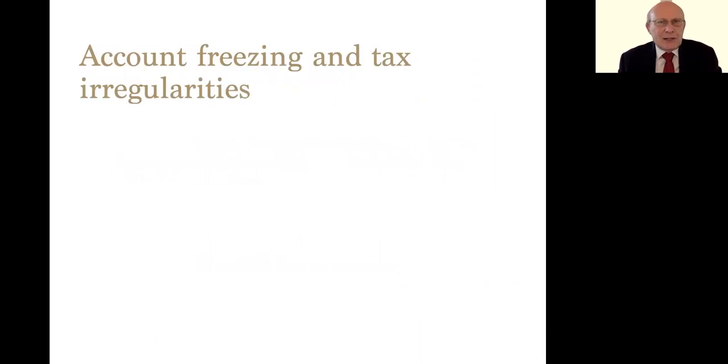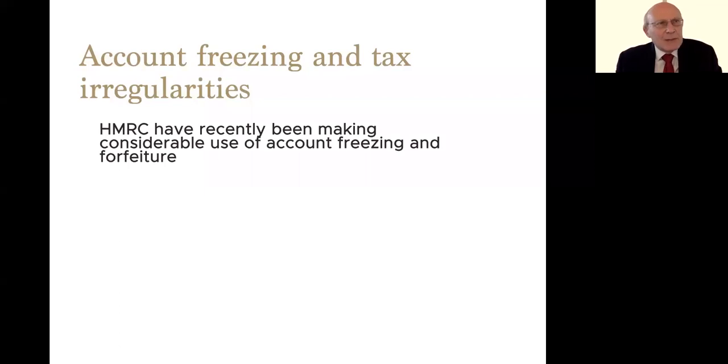I mentioned HM Revenue and Customs and tax irregularities. HMRC have been making considerable use of account freezing and account forfeiture recently. Now, there is, if you like, a technical issue there in that if somebody evades taxes, let's assume, to make it simple, that they dishonestly evade some tax liabilities, what is the recoverable property?